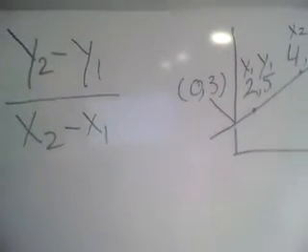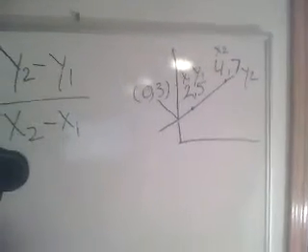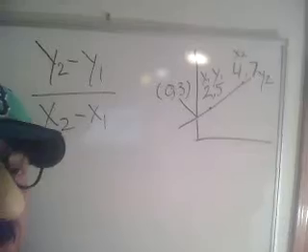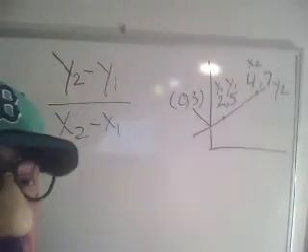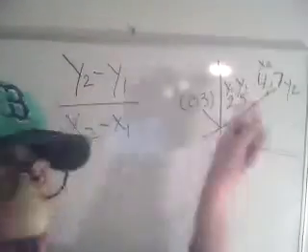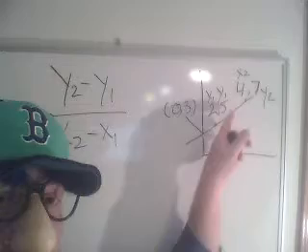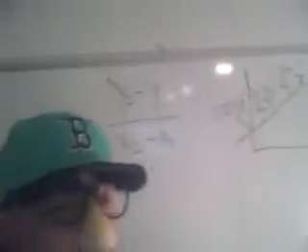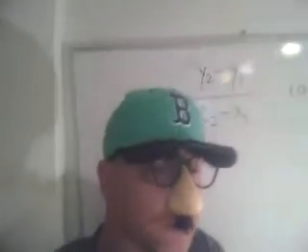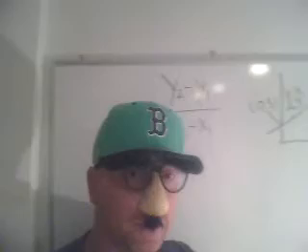You see that? One more time. The y2 is going to be the 7, the x2 will be the 4, the y1 will be the 5, and the x1 will be the 2. Do you follow me thus far?